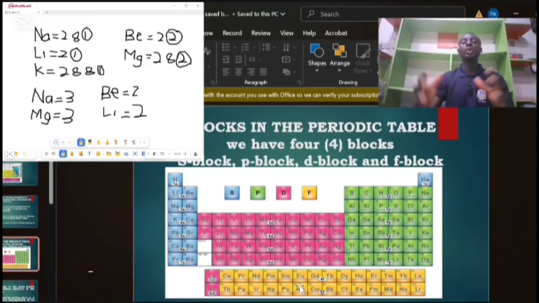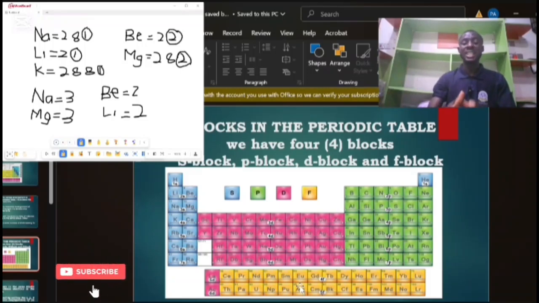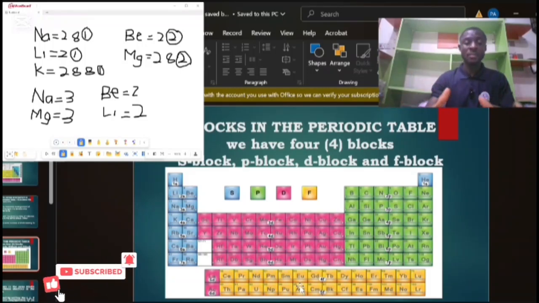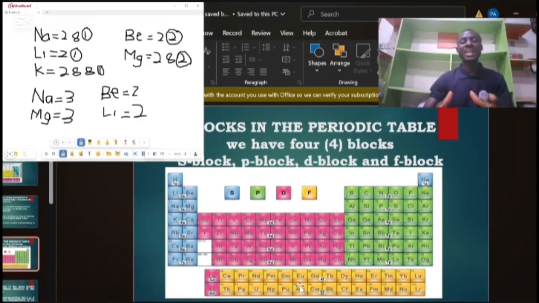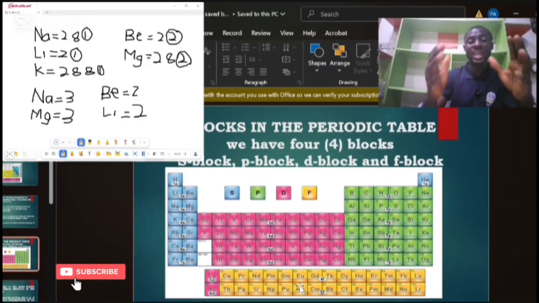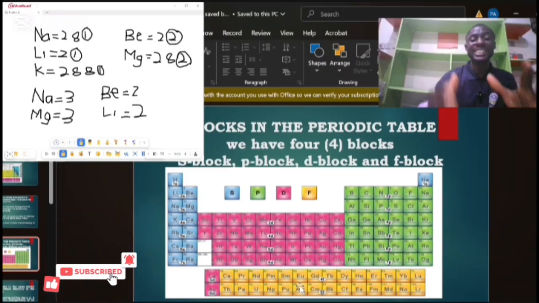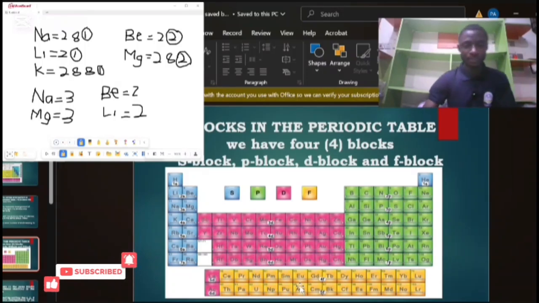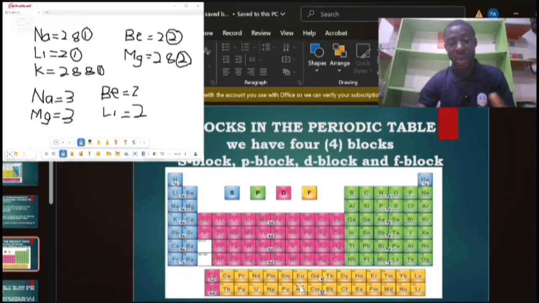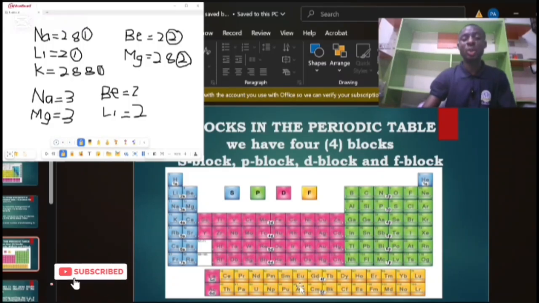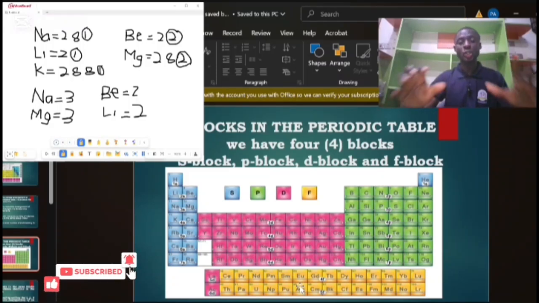So how do we place elements in the same block? Elements that belong to the same block are elements whose valence electron lasts in that orbital. We have what we call SPD and F electronic configuration, which we also call subshell electronic configuration.